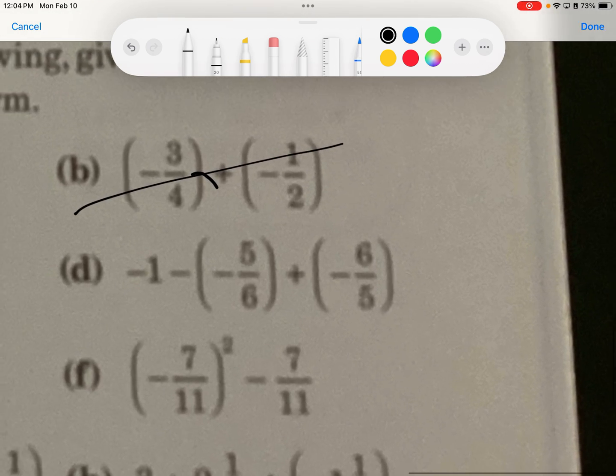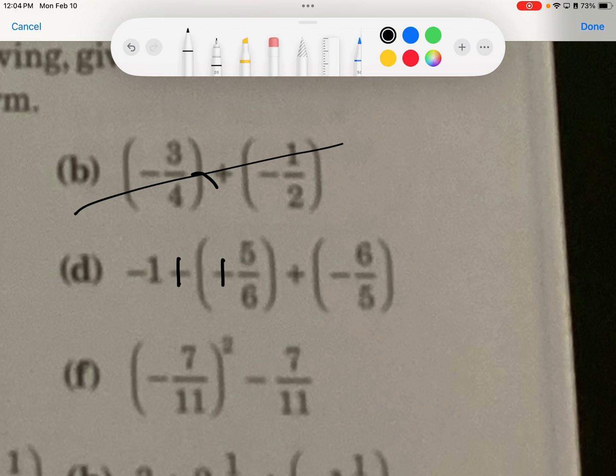That's fine. It's not that hard. So we have negative 1 minus negative 5/6 plus 6/5. I see a negative and a negative, and when we have a subtraction and a negative, that means we're going to be adding.